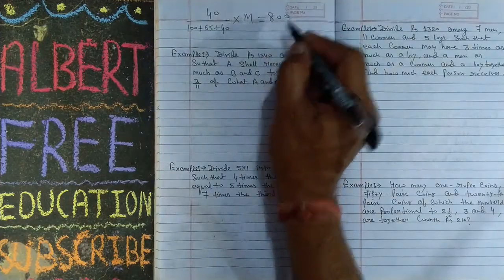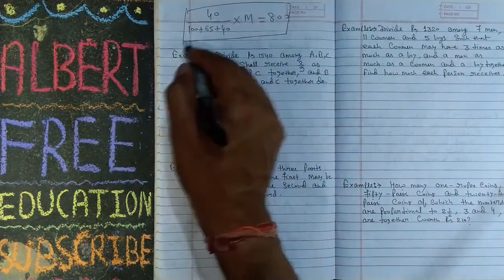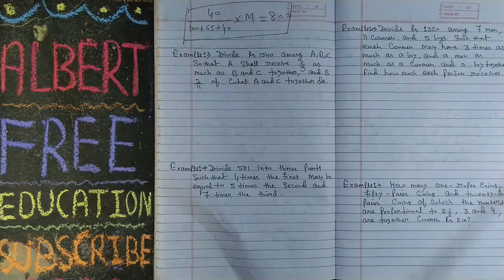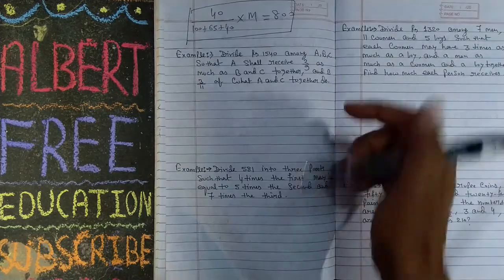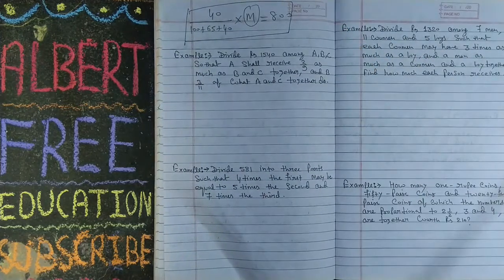This is the way. Once you find the money, you can calculate the shares of B and A, and also find the sum of money. Very simple.